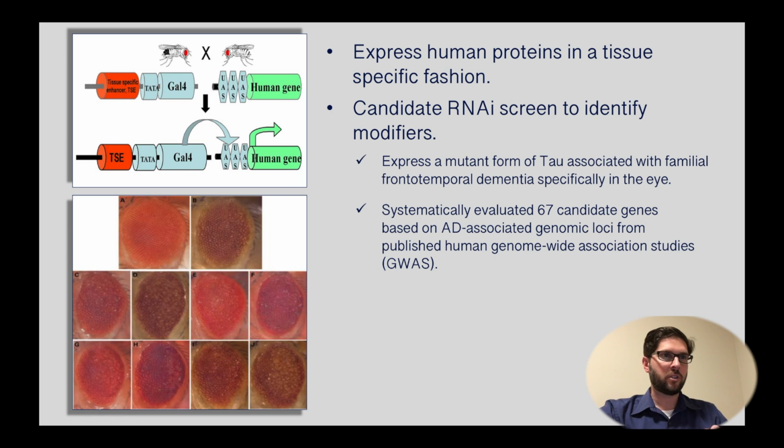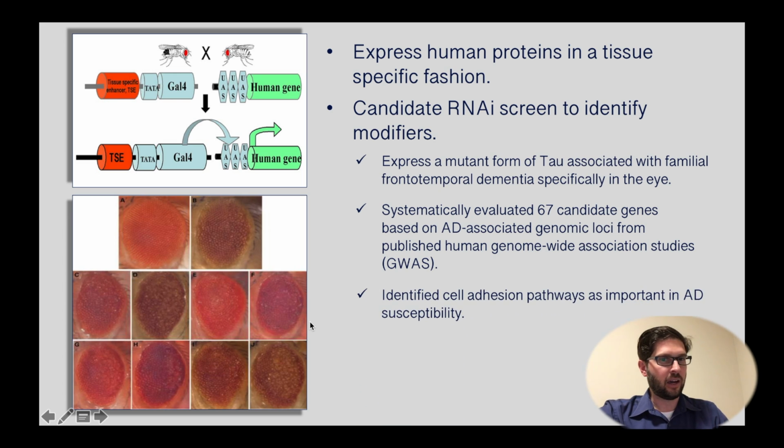They then systematically evaluated 67 different candidate genes based on Alzheimer's disease-associated genomic loci from published human genome-wide association studies. And they found a number of cell adhesion pathway mutants that were important for Alzheimer's disease susceptibility. And they did this by looking for modification of this specific eye phenotype here.